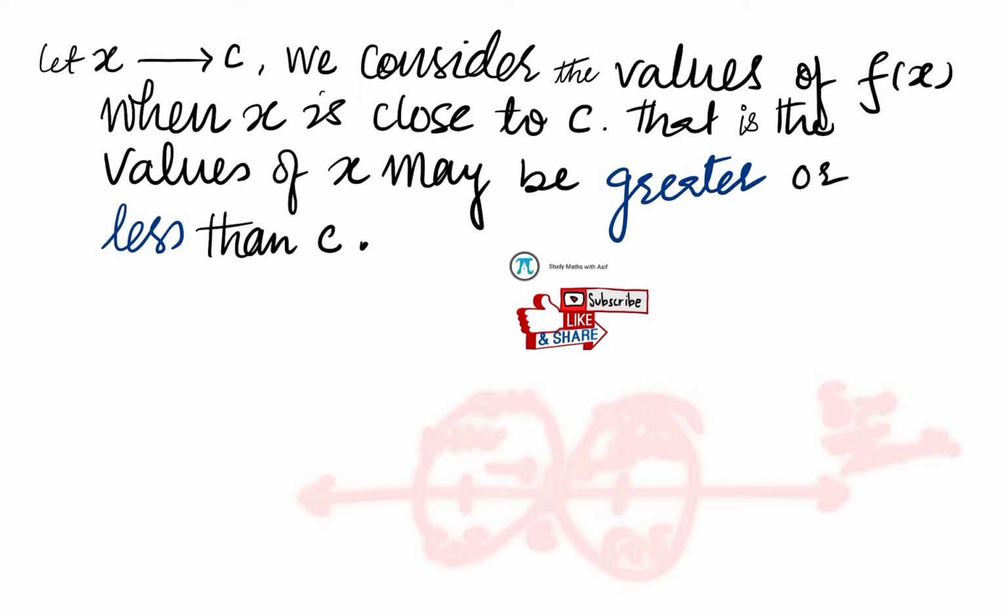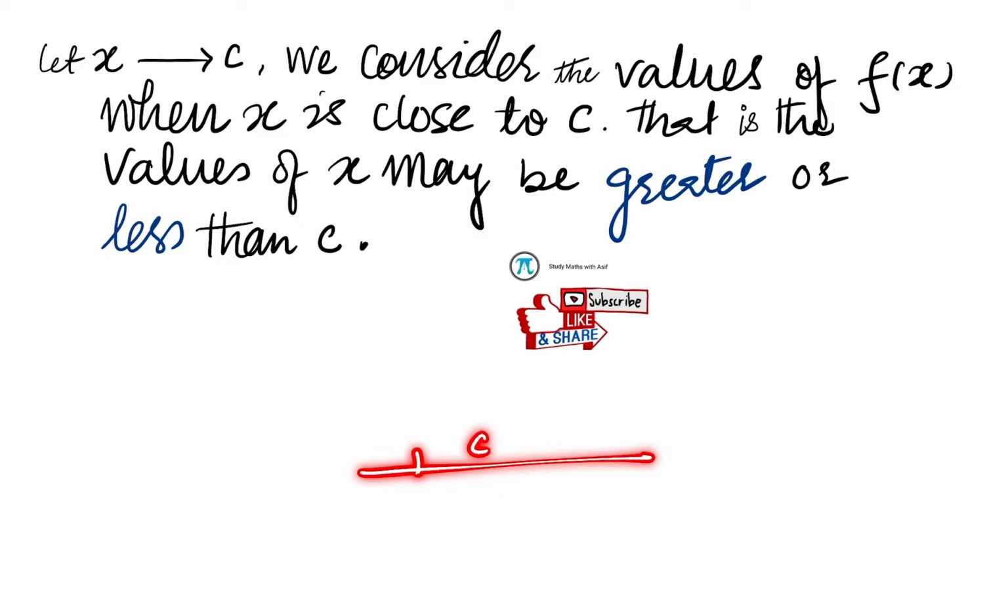Please understand this. If the value of the limit equals the value of the function, then there is no fun actually. So I am assuming the case where the function is not defined, and then we are calculating the limits. So, clear. Now we are given only one direction, either c minus delta or c plus delta.